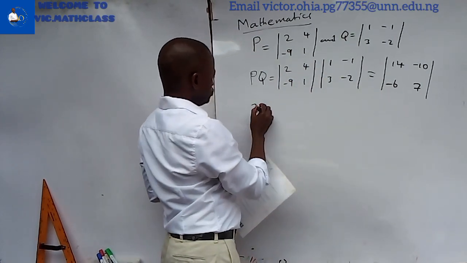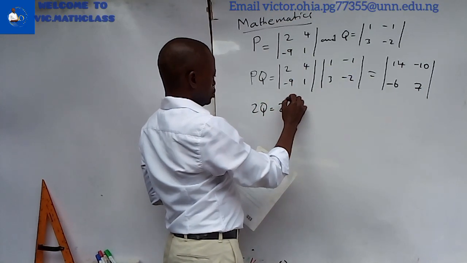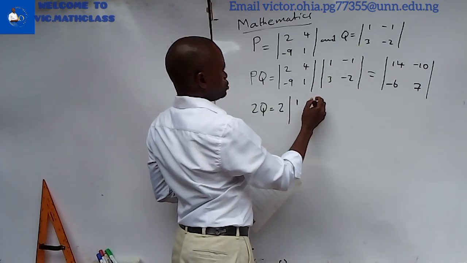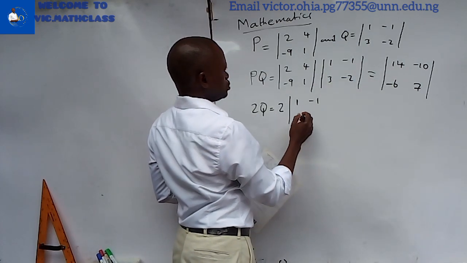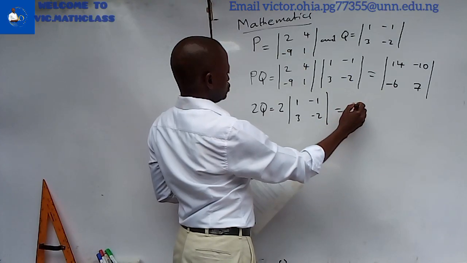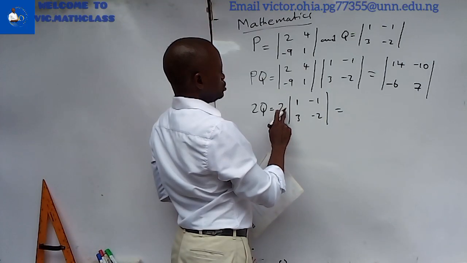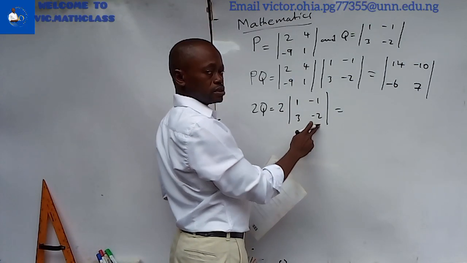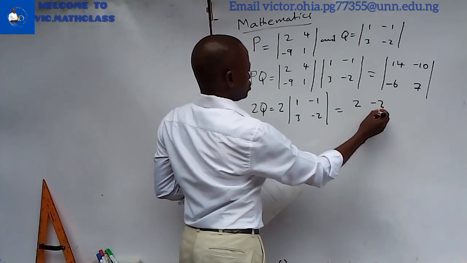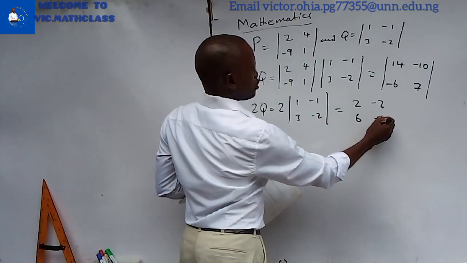So 2Q is going to be 2, a scalar, multiplying this matrix 1 minus 1 3 and minus 2. The scalar multiplies each of the elements. So we have 2, minus 2, 6, minus 4.